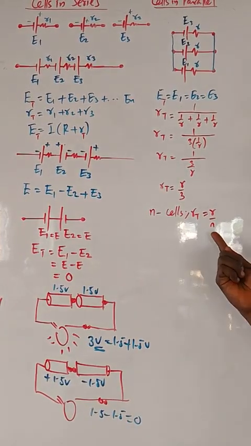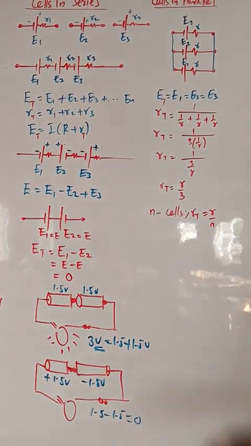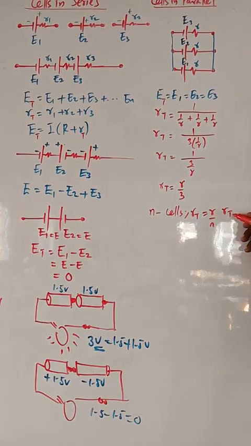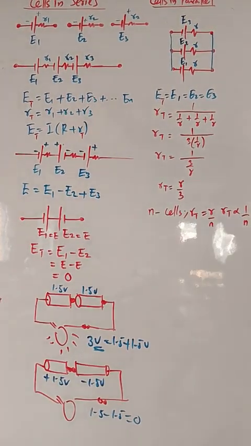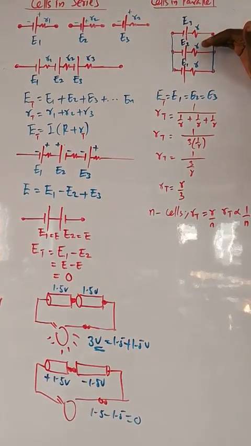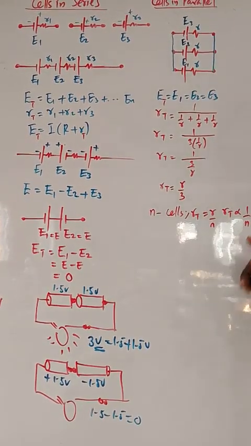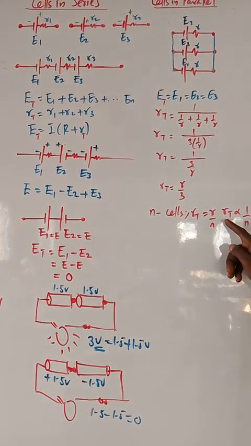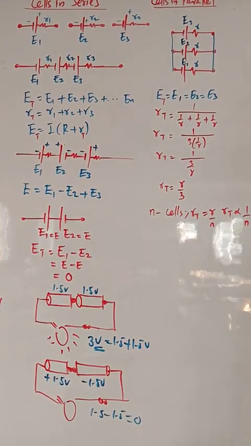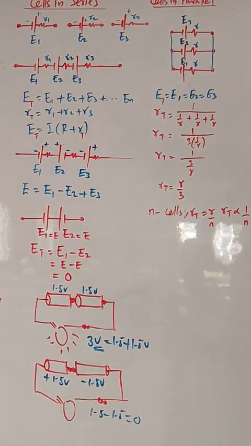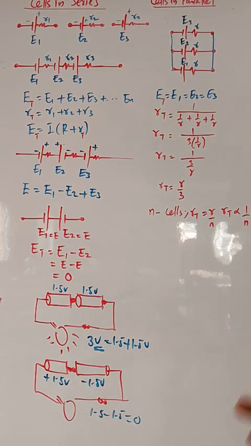So it means the more cells you have, this inverse variation, the effective internal resistance is inversely proportional to the number of cells. So what is it telling us? It means if you have plenty of cells in parallel, if n is very big, RT will be very small. So it means the effective internal resistance will approach 0. It gets smaller, smaller, smaller. And when a cell has very low or negligible internal resistance, then the efficiency will be very high. Why?